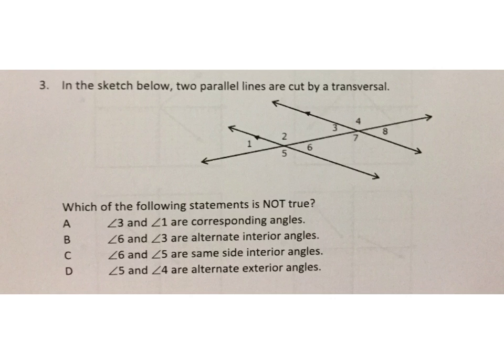B, angle 6 and angle 3 are alternate interior angles. C, angle 6 and angle 5 are same side interior angles. D, angle 5 and angle 4 are alternate exterior angles. Go ahead and press pause.